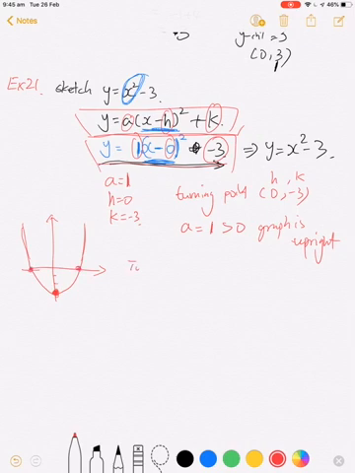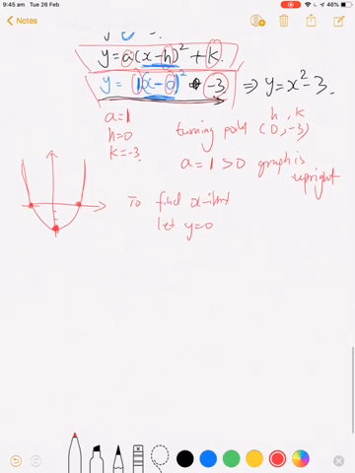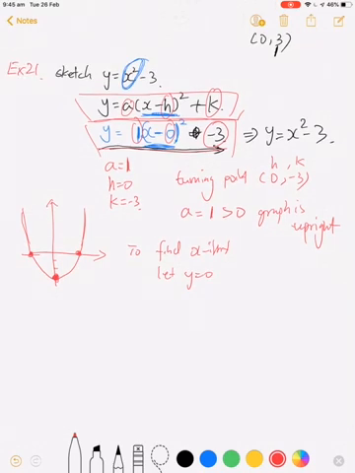Okay, so to find the x-intercept, we let y equal to 0. Originally we know y equal to x squared minus 3. So y equal to 0 and we just need to solve out x, okay? So minus 3, get rid of that, so we're gonna do plus 3 on both sides, which will give me 3 equal to x squared, okay?